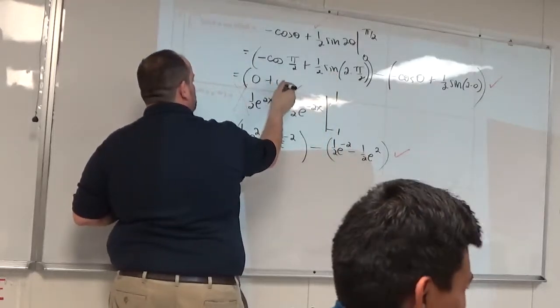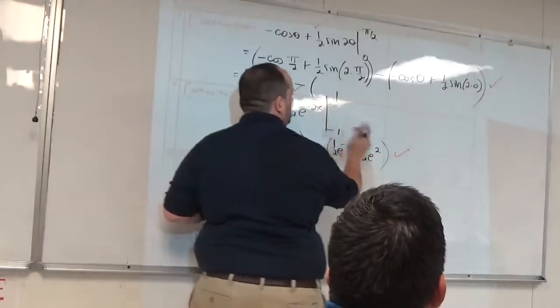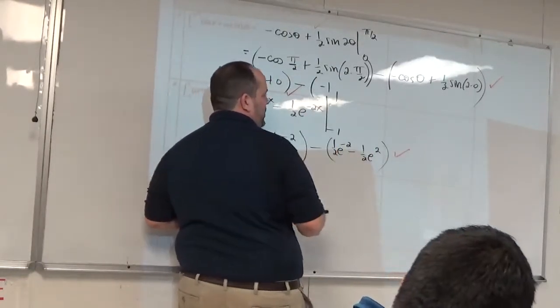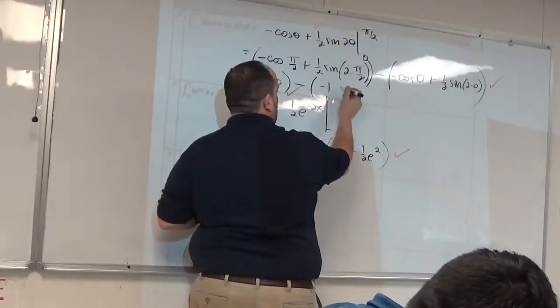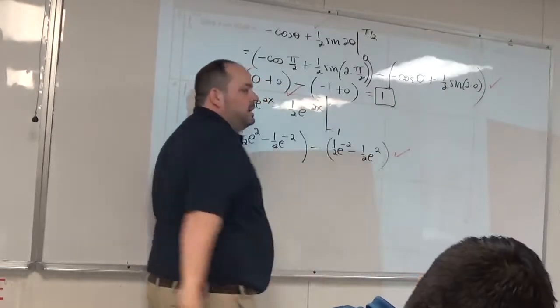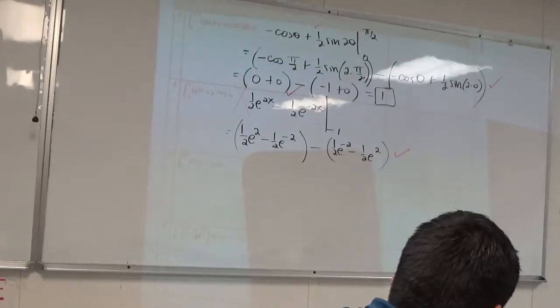Sine of pi is 0. Minus cosine of 0 is 1, so that's negative 1. The sine of 0 is 0. And so this whole guy reduces down to positive 1. We're going to have to work on the trig stuff.